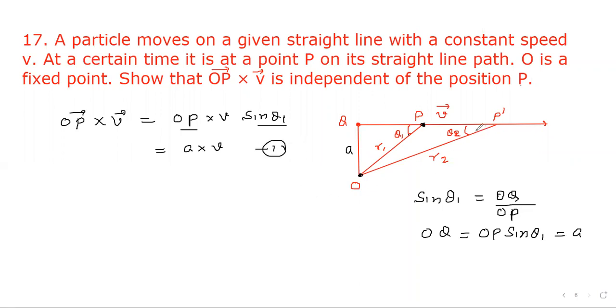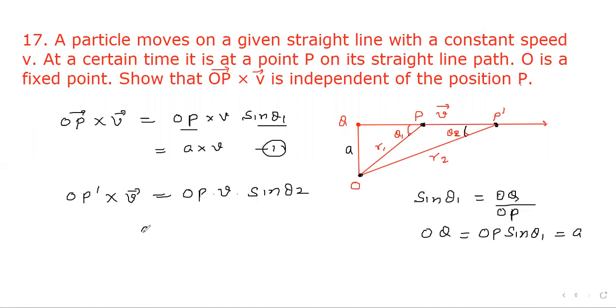Now, consider the second case. Suppose the particle reaches point P dash. Now again, we try to find out OP dash cross V. This means modulus OP dash into V into sine theta 2.